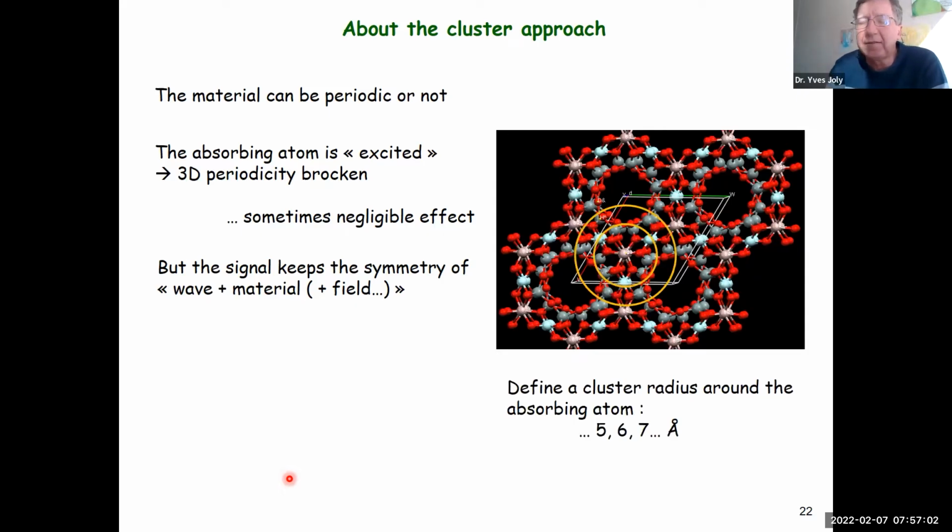In practice, we make the first calculation always with a small radius around each absorbing atom in the unit cell, and then we increase the radius up to convergence. And fortunately, because the photoelectron is inelastically scattered by the neighboring atoms, we don't have to go up to infinity. In practice, you have to go up to 5, 6, 7 angstrom typically, and it's very rare that you have to go further.